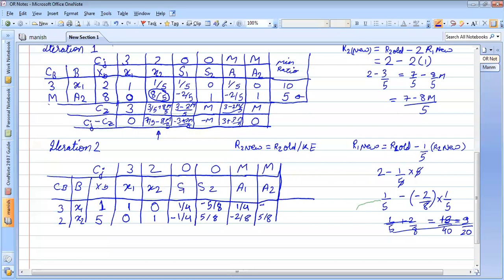And this will be equal to 0 minus 1 by 5 into 5 by 8, so that is 1 by 8, minus 0. Minus 1 by 8.